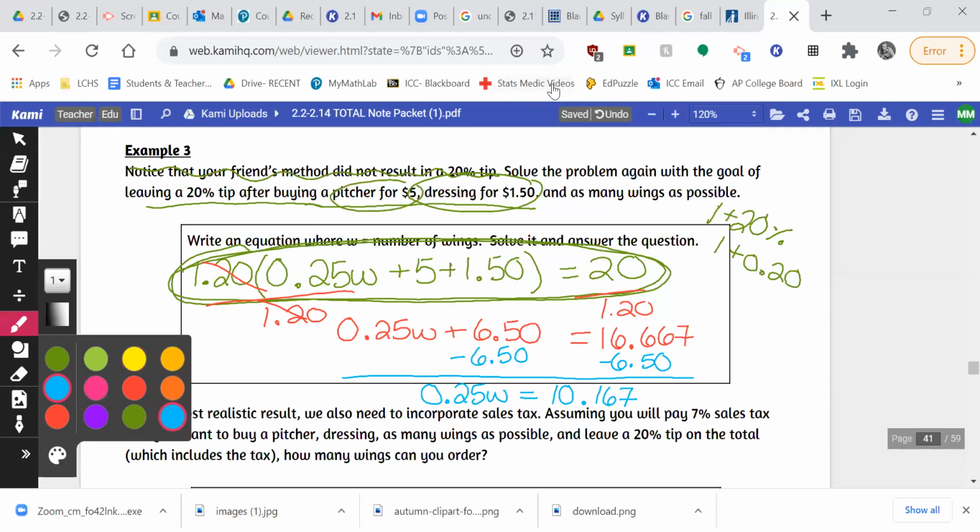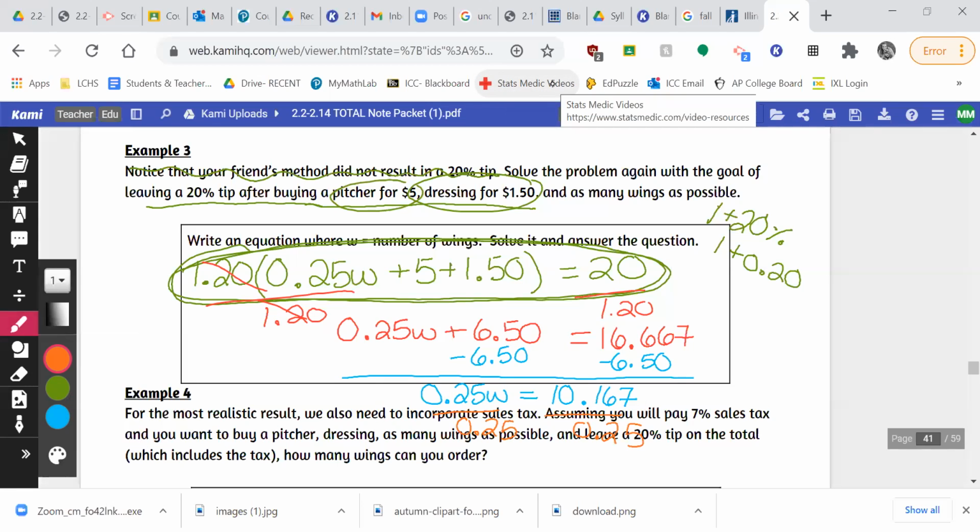Okay, the last step is going to be to divide both sides by 0.25. And we get a decimal. So we get W equals 40.67. Now, you are purchasing the most amount of wings that you can while still leaving a 20% tip and while buying your favorite beverage and while getting the blue cheese dressing.